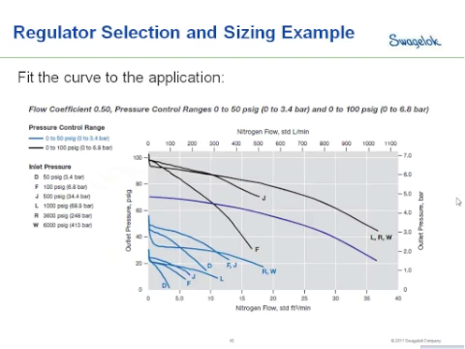But if we wanted to use a regulator at the 0 to 100 psi control range, which are the black lines on this graph, but we wanted to use it at maybe a 75 psi inlet pressure. So we see our F line is our 100 psi inlet pressure, but if we want to go below that, it's much more difficult to interpolate below the flow curve because you only have a frame of reference on one side.